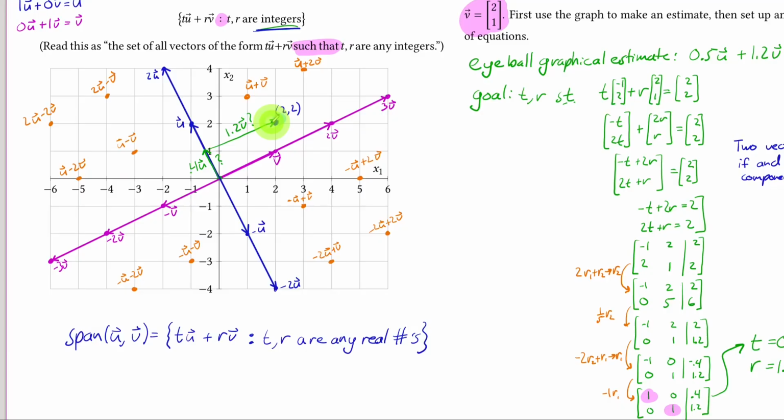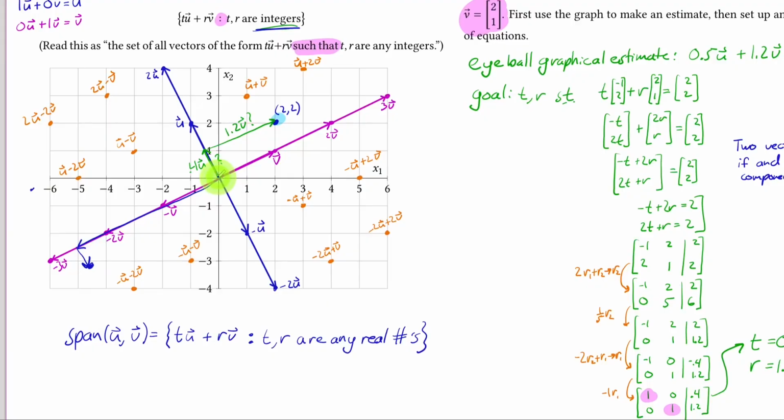And you can maybe imagine that any old point in R2, like let's say we take this point over here, there's going to be some way you can write that as some multiple of v plus some multiple of u to get there. Or something over here we could say is this multiple of u plus some multiple of v.